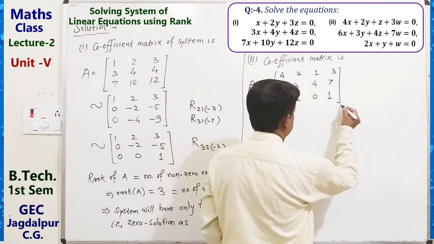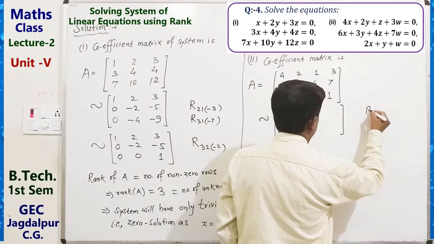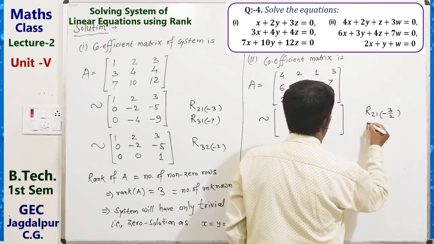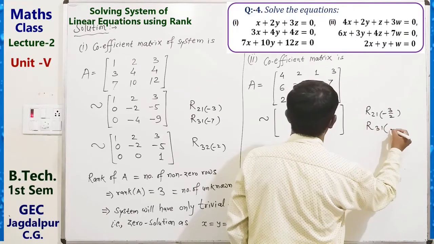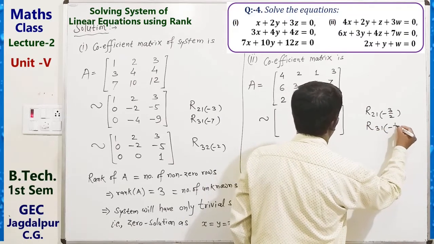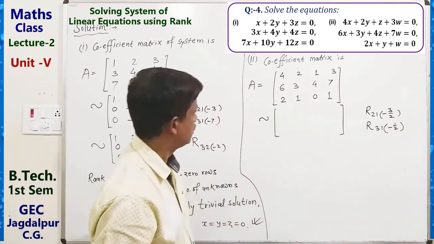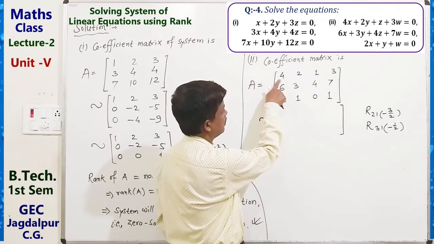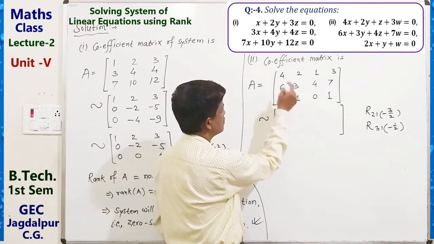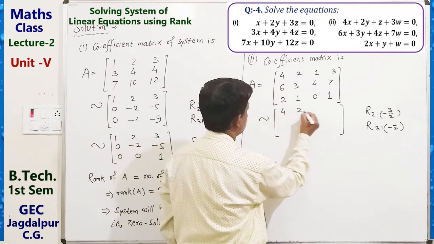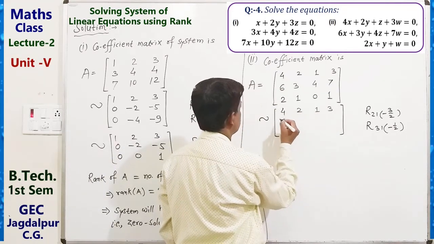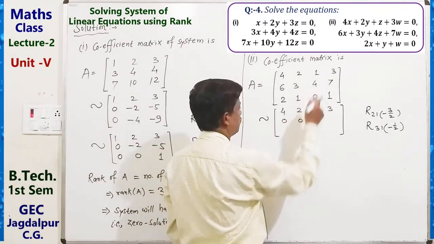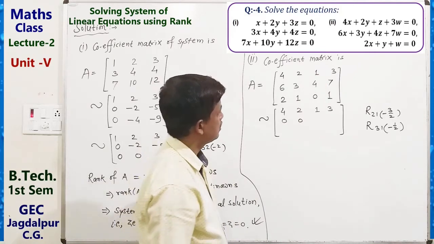For that, R2 minus 3/2 R1, R3 minus 1/2 R1. If this is multiplied by minus 3/2, minus 6, and added, 4, 2, 1, 3 gives 0. Minus 3, 3, this is also 0.